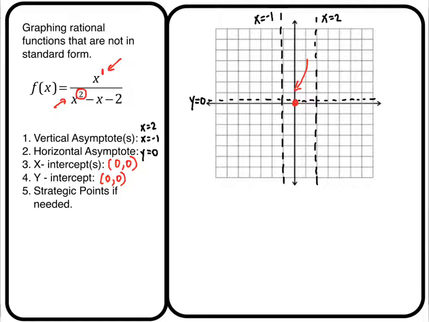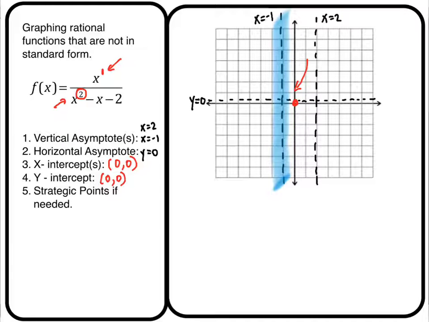Okay, so some strategic points, the way that we want to play it out is like this. And I don't want you guys to go right to your highlighter and start highlighting your graph. But what we need to do is concentrate on this asymptote right here.